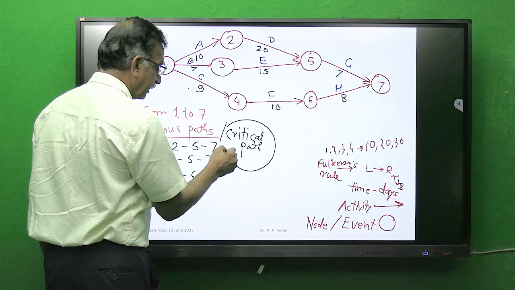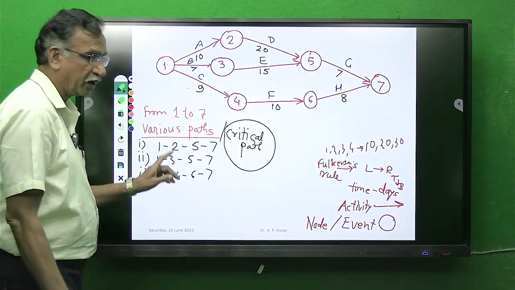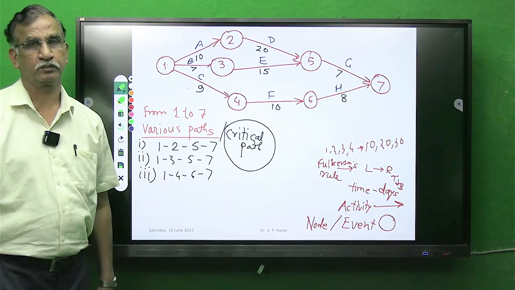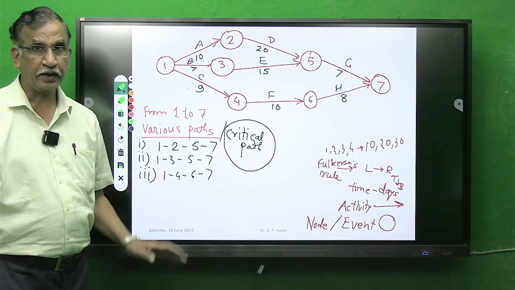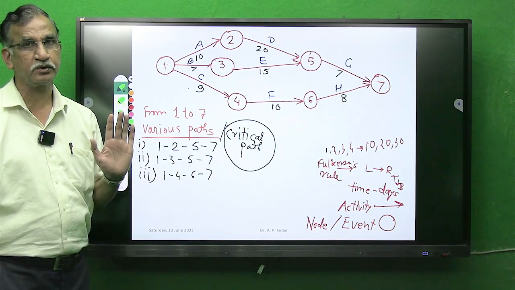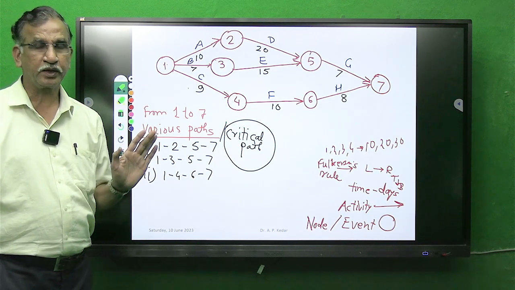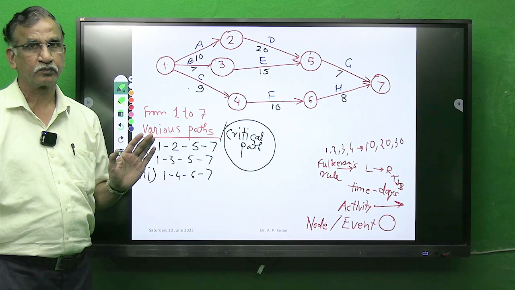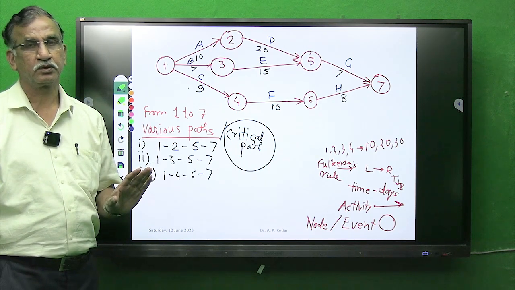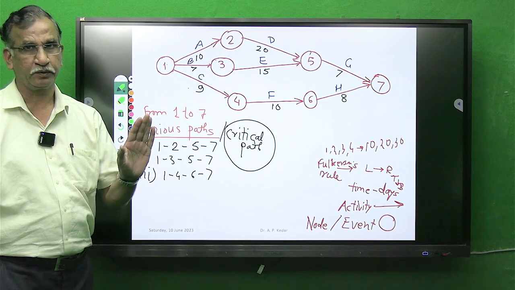And definitely out of these 3 paths, one path is 100% critical path, and activities lying on that critical path will be referred to as critical activities. Rest of the activities, barring critical activities, will be termed as non-critical activities.